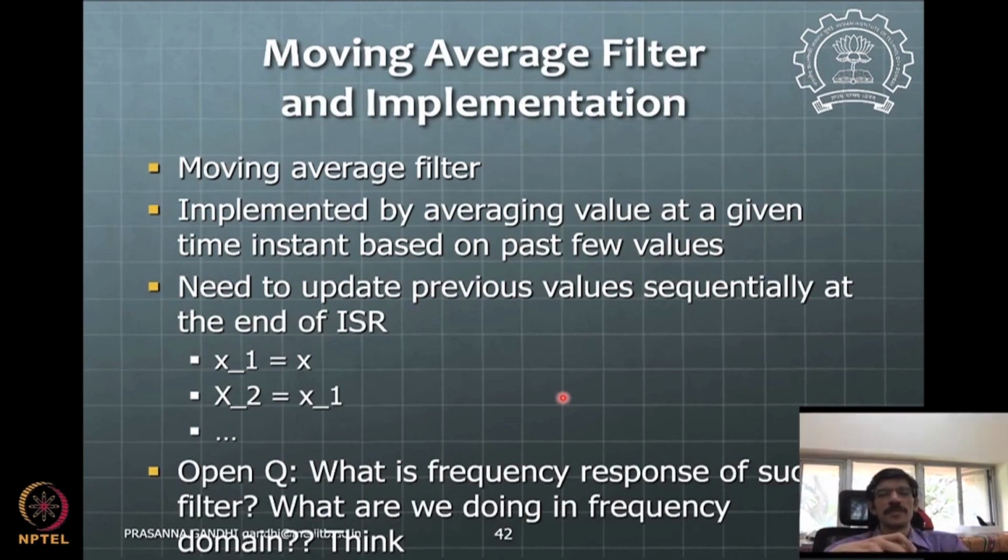Because many times you will be bothered by the noise in your sensors, and when you further do this differentiation operation, your noise will further increase, and then you will get puzzled about what to do in such a scenario and how to handle it. At that time these concepts are going to be very, very useful.